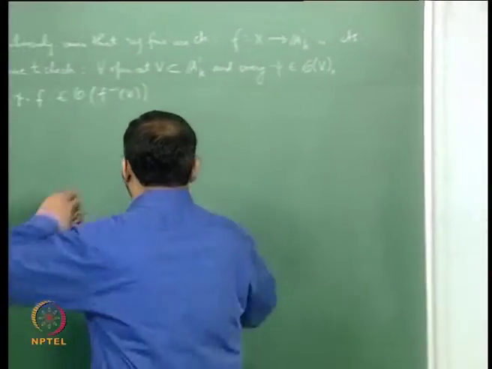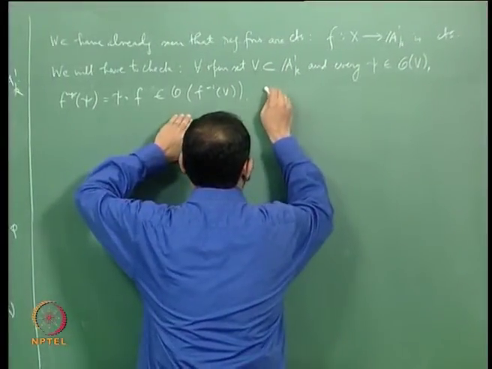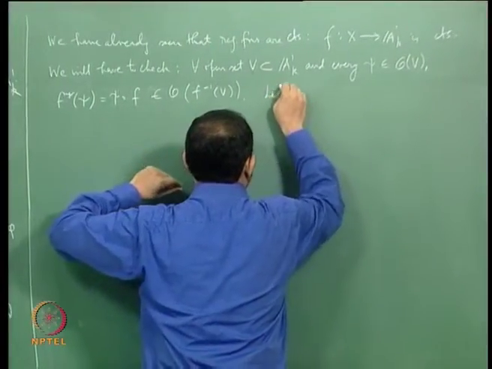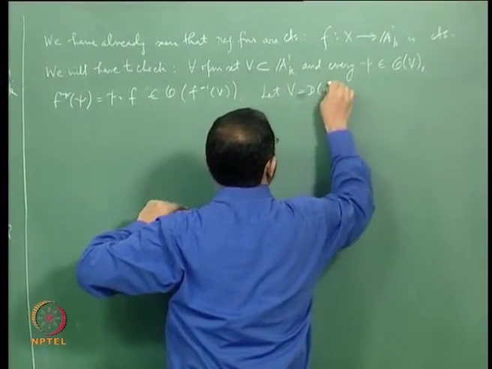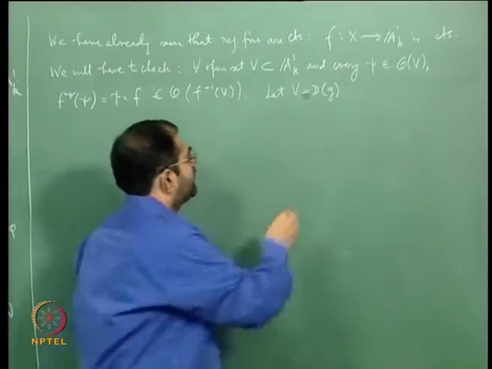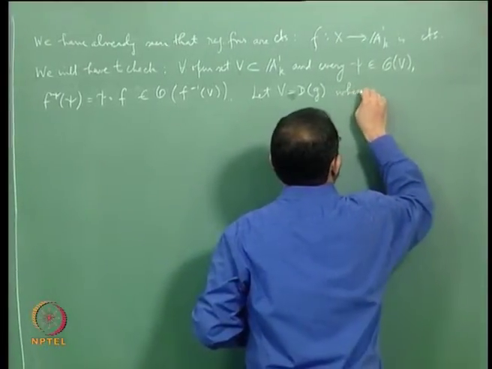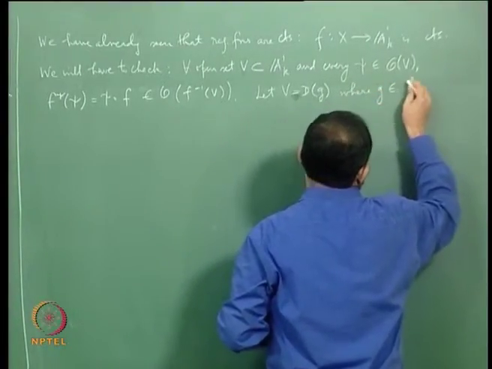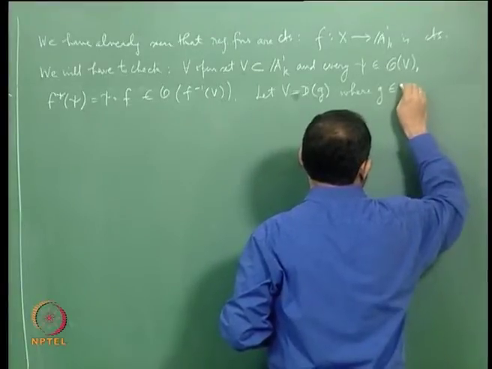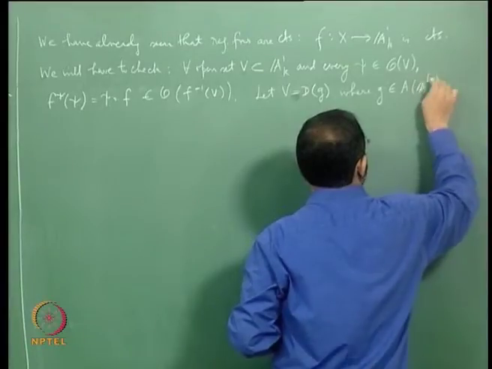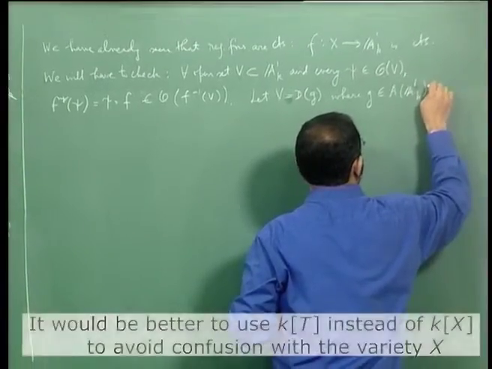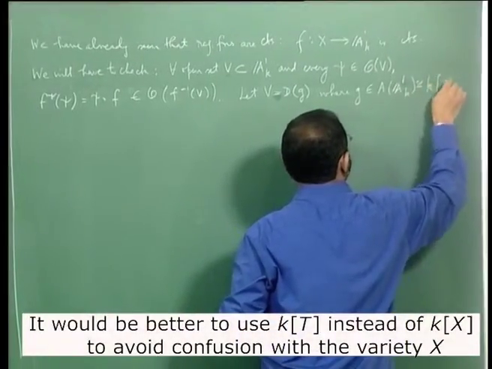So the fact is, let V be D of G, where G is an element of A of A1, which is identified with K[x].